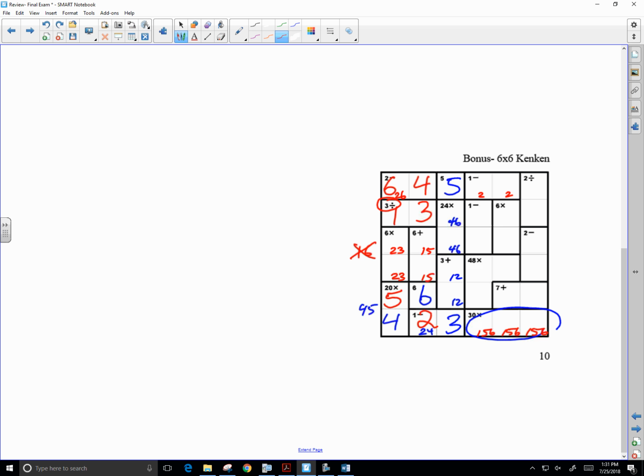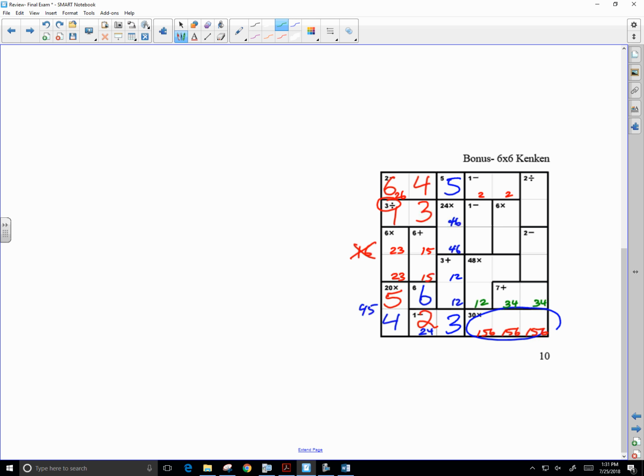Looking at the 7 plus, you have possibilities. It could be 1 and 6, but actually it can't because we already used the 6. It could be 2 and 5, but it can't because we've already used the 5. So 3 and 4 are the only possible pairings left over. 1 and 2 possibilities here. Now, sometimes you want to play the what-if game because in this triangular region we want to get to 48.